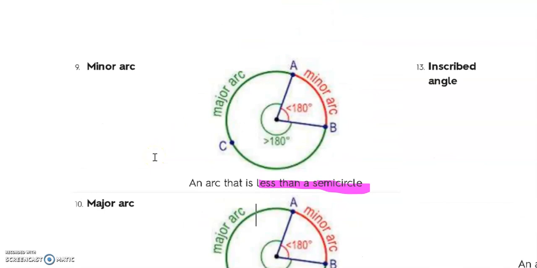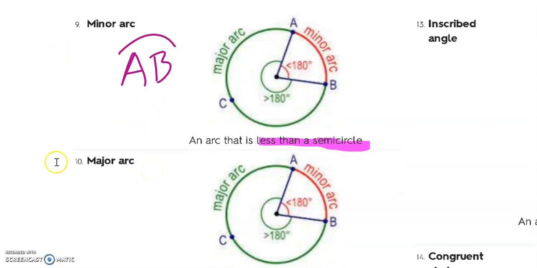Now, when we're naming arcs, you notice that in this circle, it has a minor and a major arc labeled with the same points. So our minor arc would be arc AB, and then our major arc would be arc ACB.